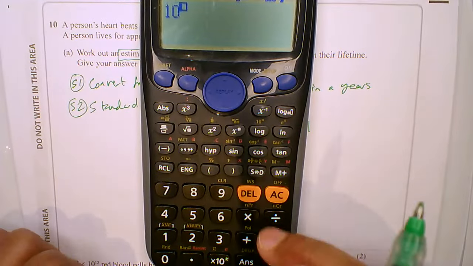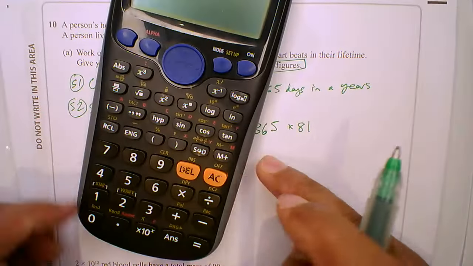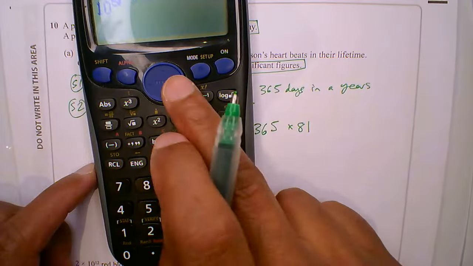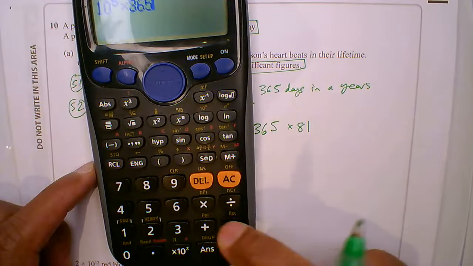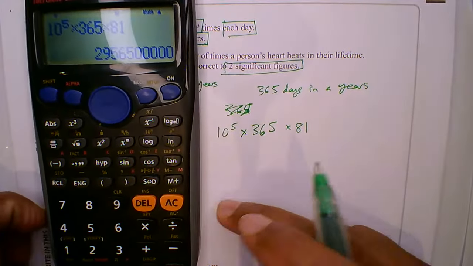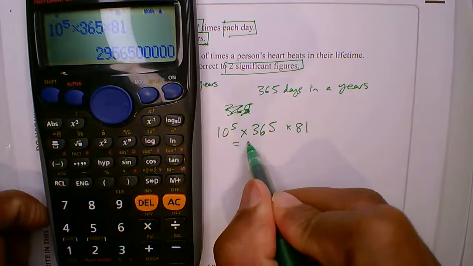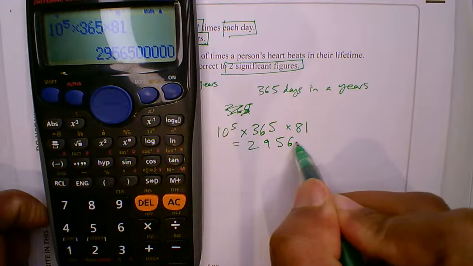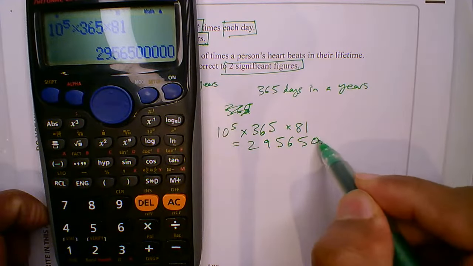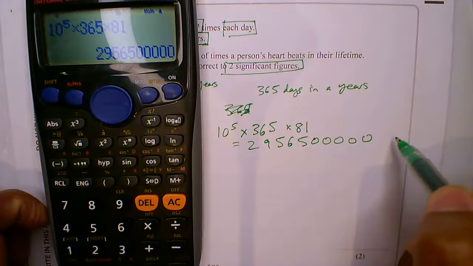Ten to the power 5 times 365 times 81. That gives me a big number, 29565 and then five zeros.